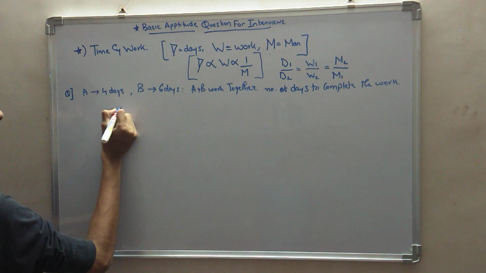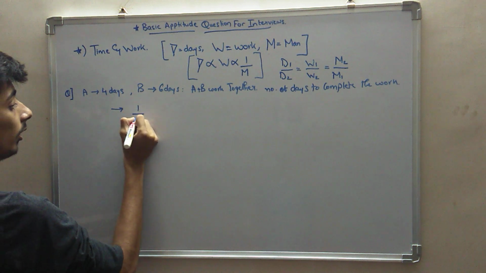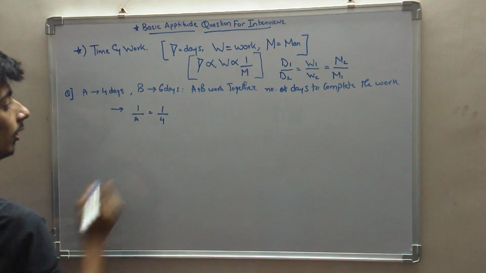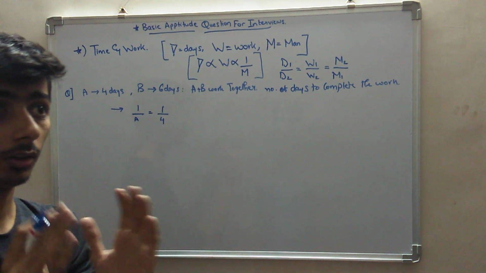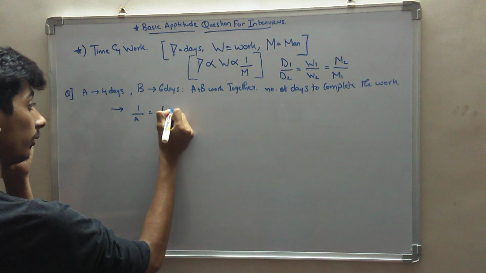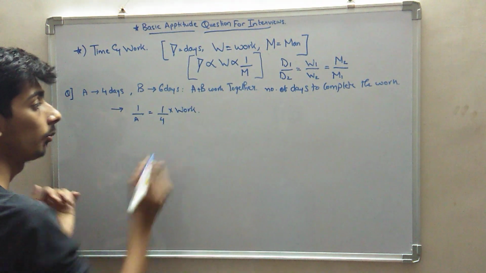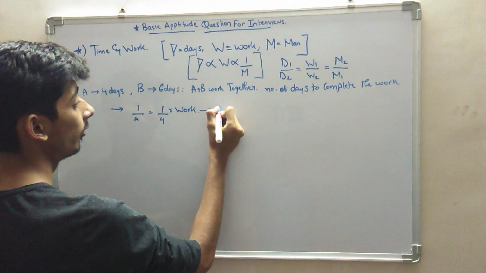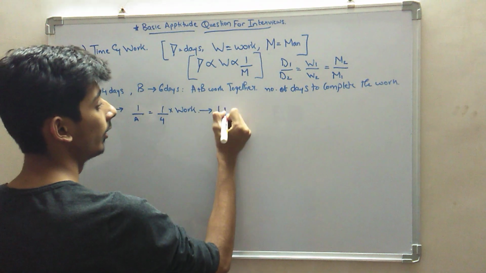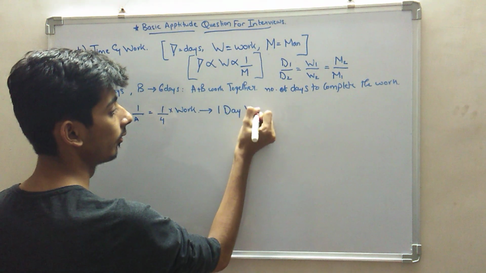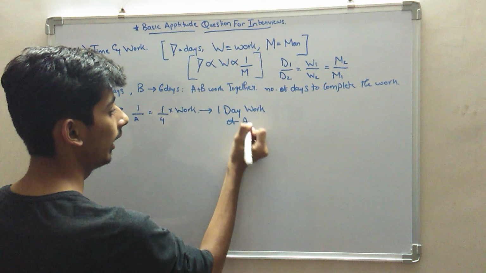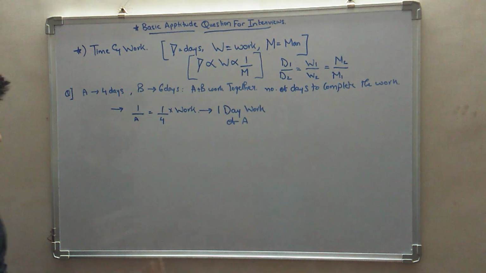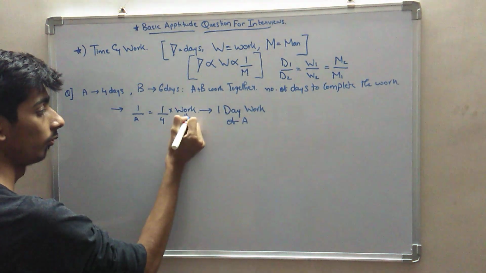Then this can be solved as 1 upon A, which is equal to 1 upon 4. 1 upon 4 times the total work is the work efficiency of A in 1 day, the 1 day work of A. The total completed work will be equal to 1.